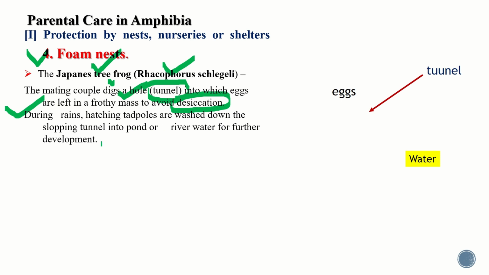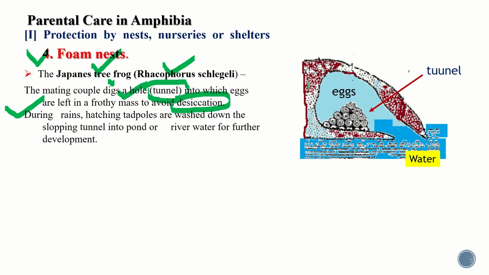So here is a diagram in which we can find a tunnel, and in that tunnel the eggs are laid by the female. This tunnel is made by the mating couple; male and female parents can dig such a tunnel or hole into the moist soil nearer to the water body.